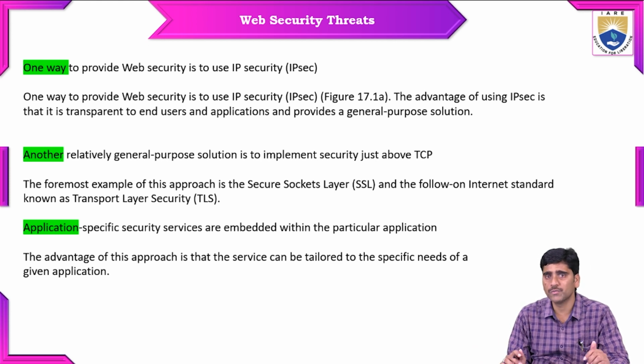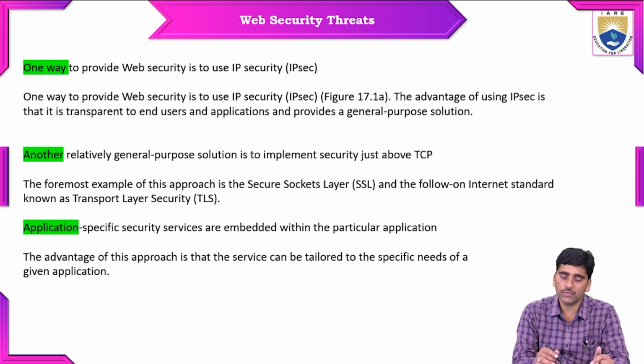For this, we have some opportunities, like providing additional security layers. So what are the ways we are going to provide this? One way to provide web security is to use IP security.